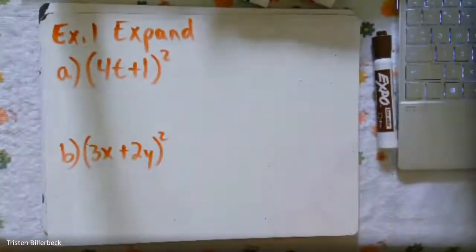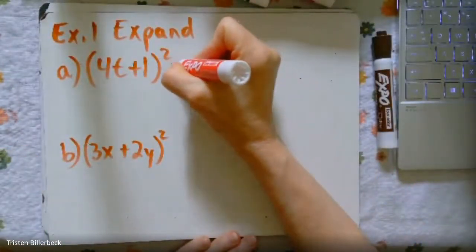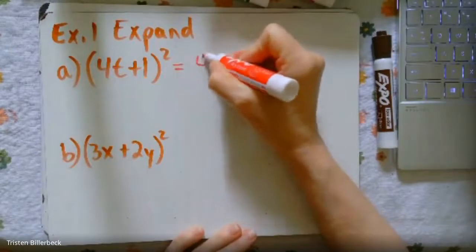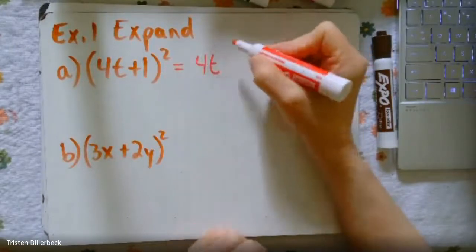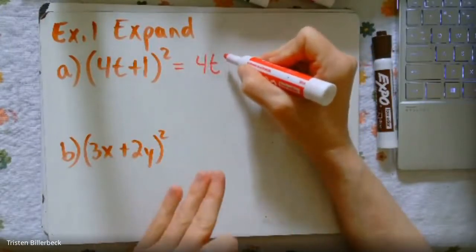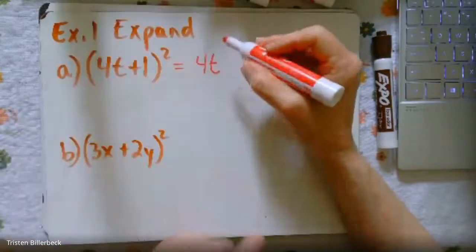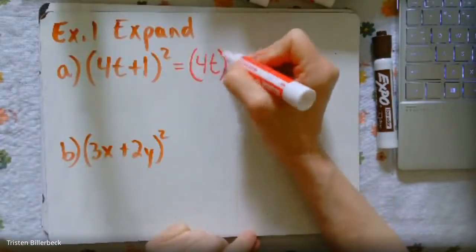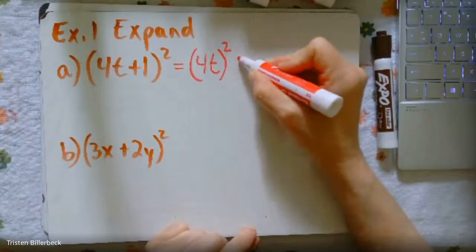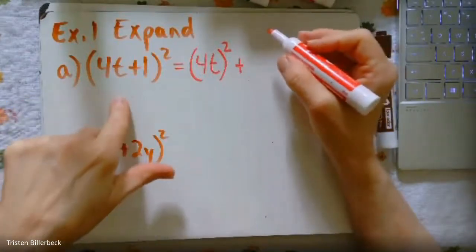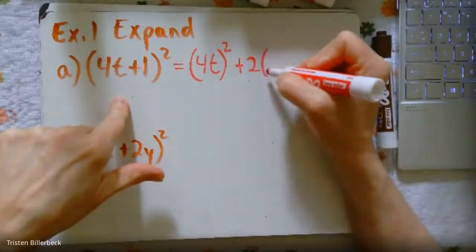So our first one, if we were to expand using FOIL, but this says using the special products, it's 4t squared plus 2 times AB.